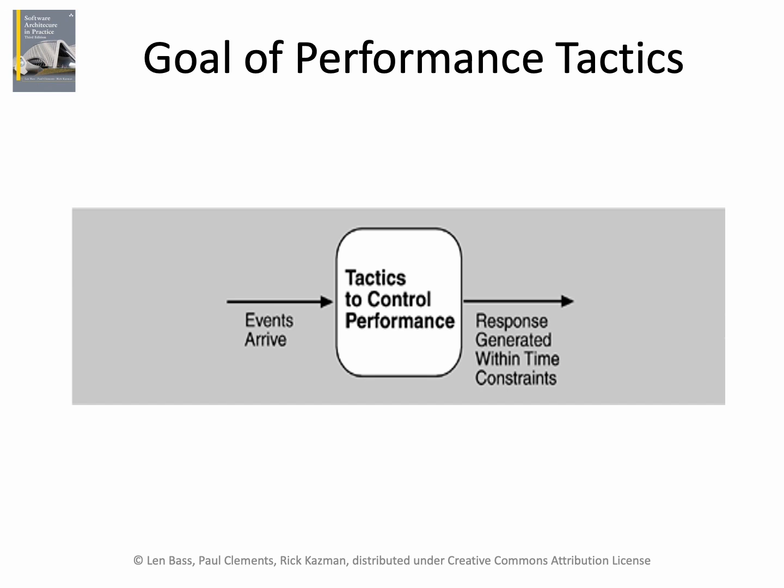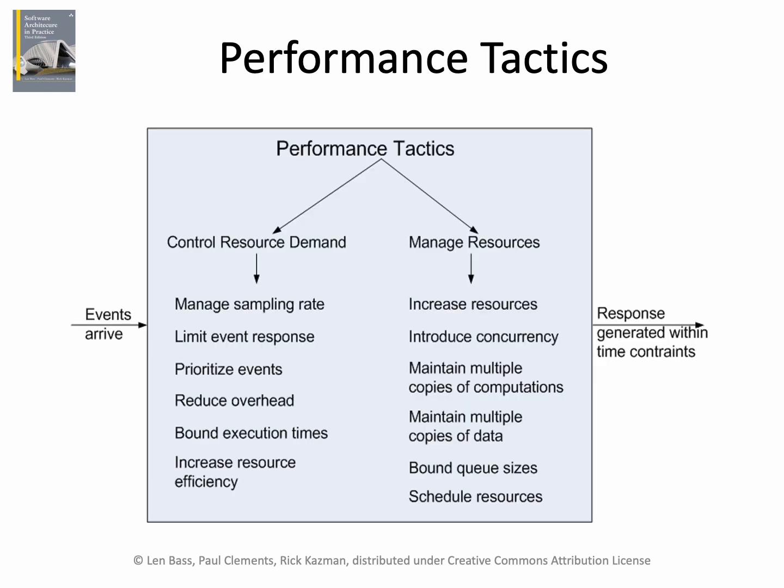Event arrives, tactics to control performance happen, and a response is generated within the constraints as I just mentioned earlier. The performance tactics control resource demand and manage resources. As I just mentioned, when an event arrives, all the performance metrics are applied as mentioned earlier, to help you understand in more depth.